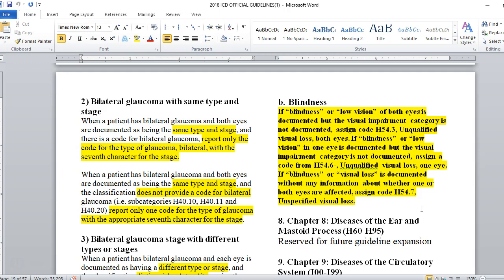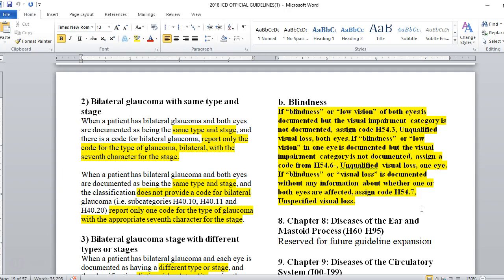If blindness or low vision in one eye is documented, but the visual impairment category is not documented, assign a code from H54.6, unqualified visual loss, one eye. If blindness or visual loss is documented without information about whether one or both eyes are affected, assign code H54.7, unspecified visual loss.